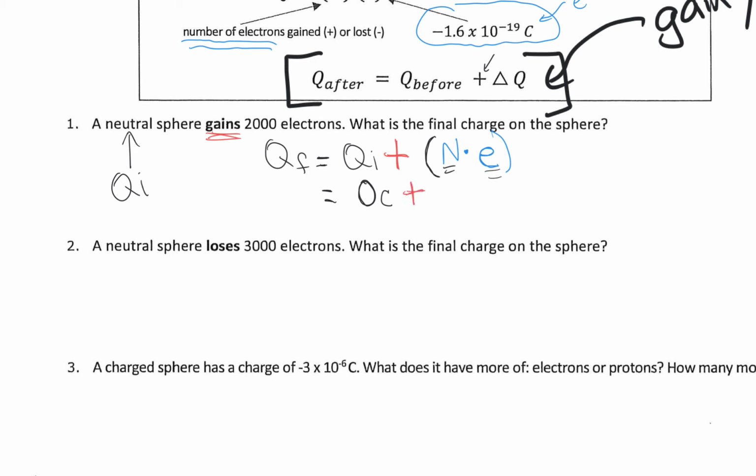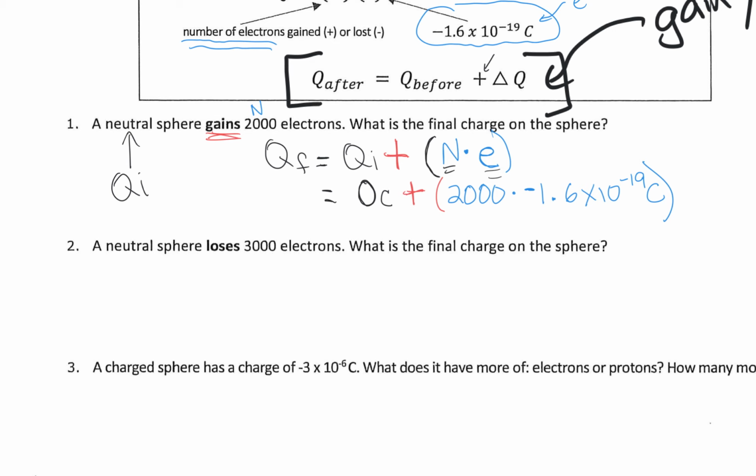And how many electrons is it gaining? It's gaining 2,000 of them. We can see that right here. And what's the charge of each electron? -1.6 times 10 to the -19th coulombs. And that's pretty easy to finish. So I used my calculator.